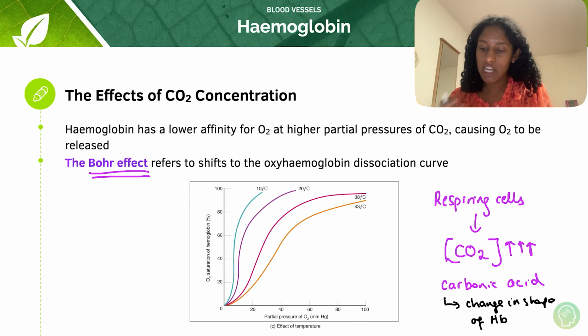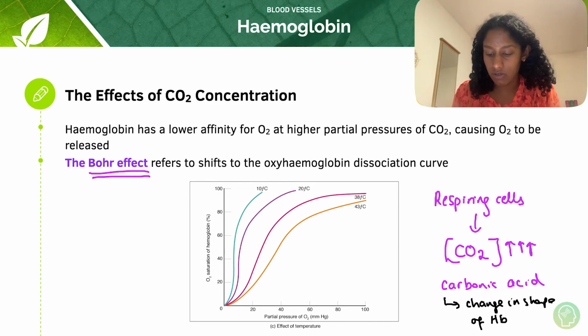So it causes this change in the shape of haemoglobin, which actually shifts the curve to the right.